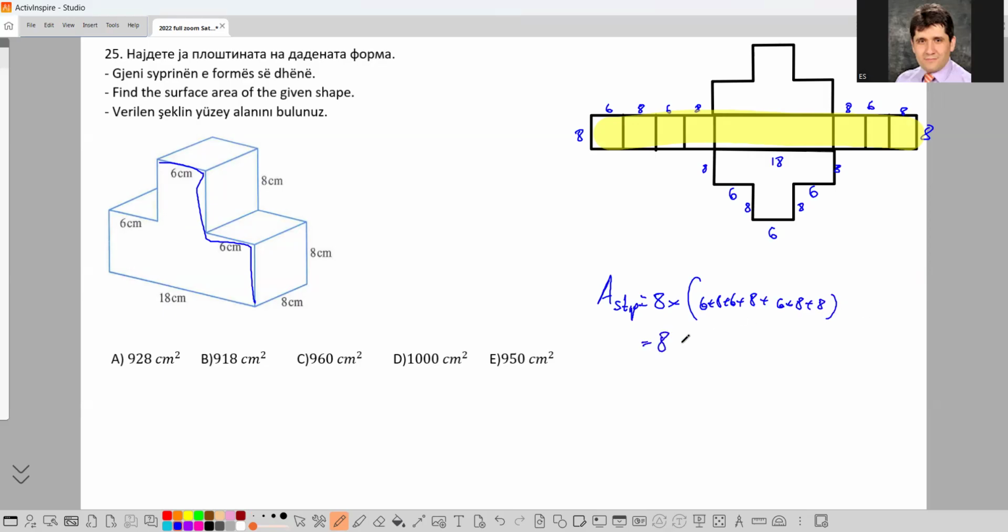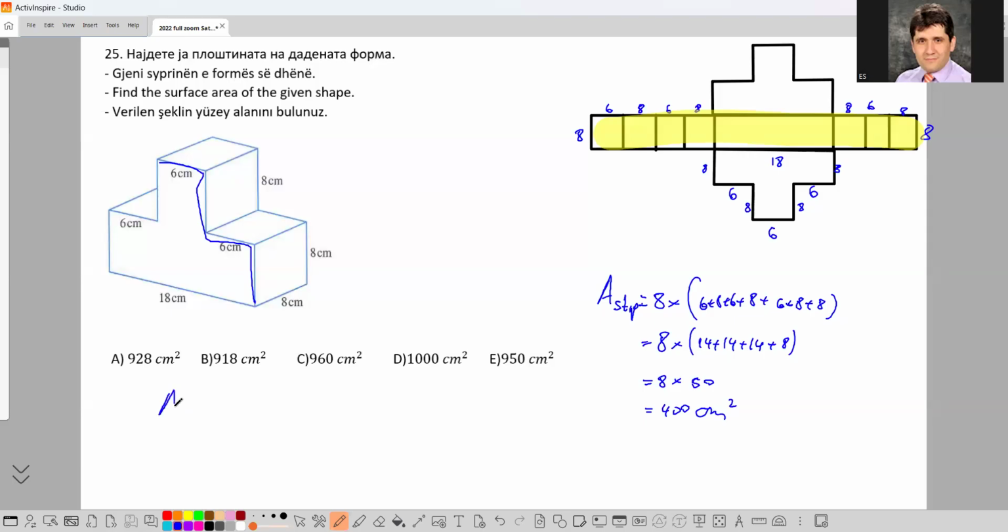That will mean it's 8 times 14 and 14 and 14 and 8, which means it's 10, 20, 30, 42, 50. So it's 400 centimeters squared.